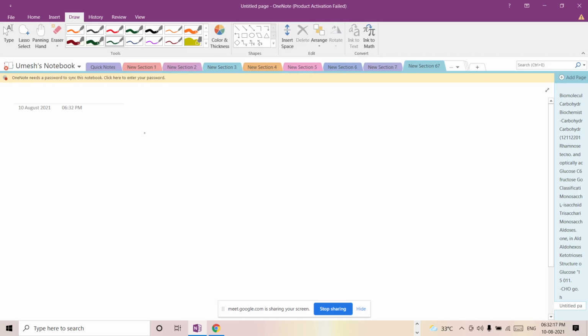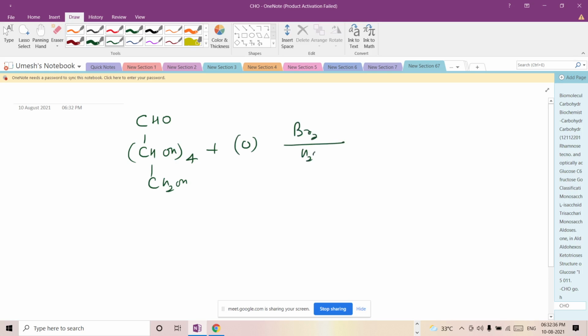Next, if you go for the oxidation of glucose, CHOH 4 times, right? I'm writing like this 4 times. If you go for the oxidation in the presence of bromine water, which acts like a good oxidizing agent, then the aldehyde group gets converted into the carboxylic acid.